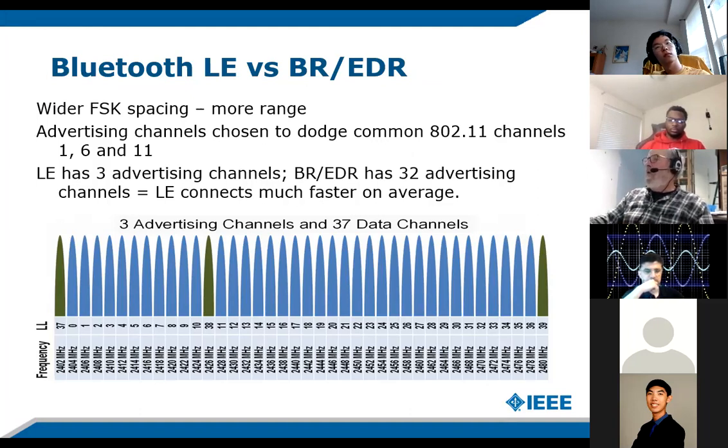All the blue lines represent hopping. The transmitter and the receiver will say we're going to be at some place, and since they've got the same algorithm, they'll jump to the next place, and then the next place, and they'll hop all over the place.